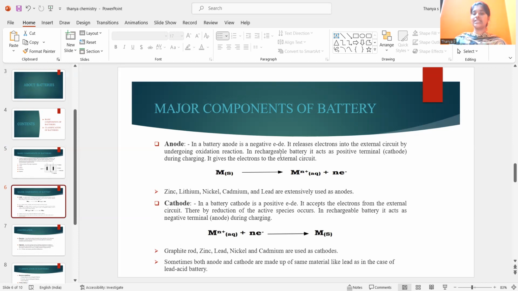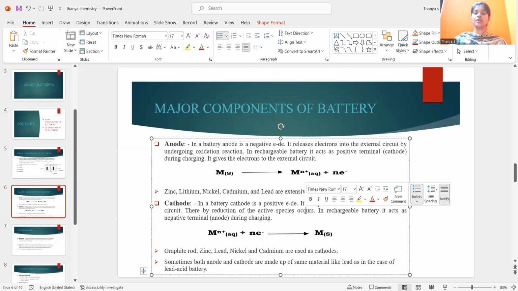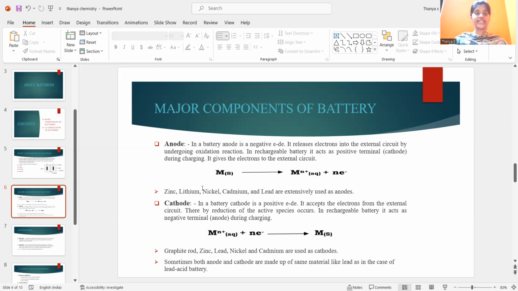In a rechargeable battery, it acts as the positive terminal, cathode, during charging. So during charging, it gives electrons to the external circuit. This is the reaction: M gives rise to Mn+ plus ne-. Zinc, lithium, nickel, cadmium and lead are extensively used as anodes.